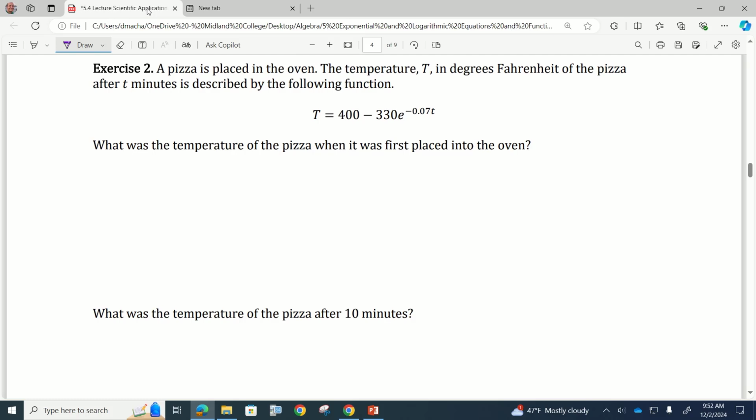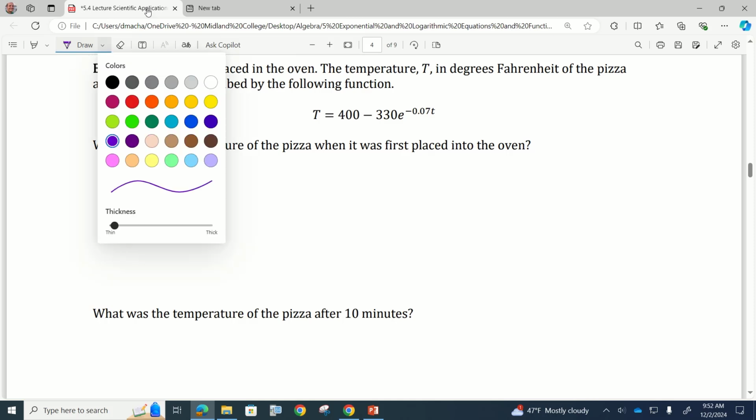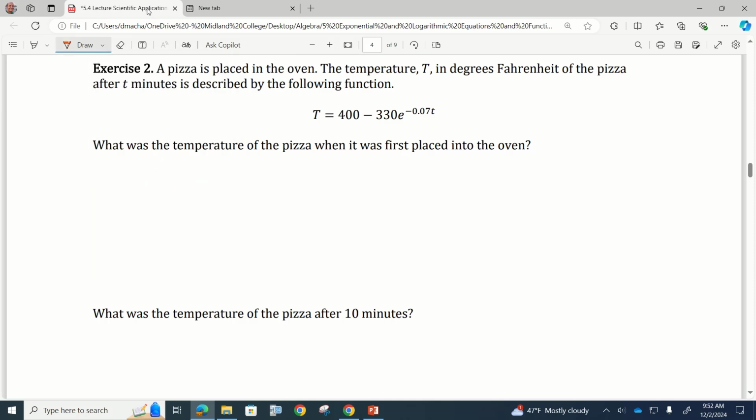We'll do another one really quick. A pizza is placed in the oven. The temperature of the pizza is going to be capital T, and the number of minutes that have passed is going to be lowercase t. What was the temperature of the pizza when it was first placed into the oven?